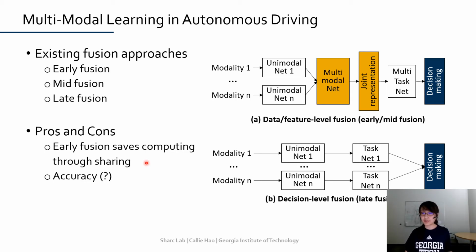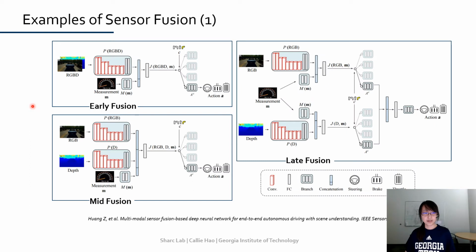But how about their accuracy? This is really something we care about. Now let's take a look. So this is one example work that is studying the different impacts of early and late fusion for RGB data and depth data. So they tried 3 different fusion methods: early fusion, mid fusion, and late fusion.